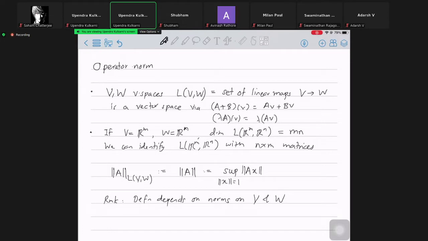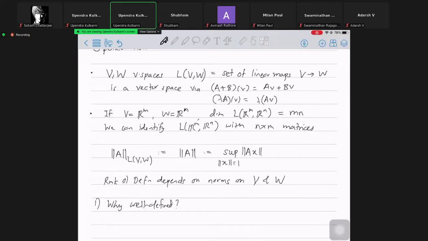I'll just state them because this is all basic stuff. One is that I'm taking the supremum of certain real numbers. It had better exist as a finite real number. Otherwise, this function is not a function. So why does this exist? This is remark 0. Remark 1: why is this well defined? So why is this well defined?